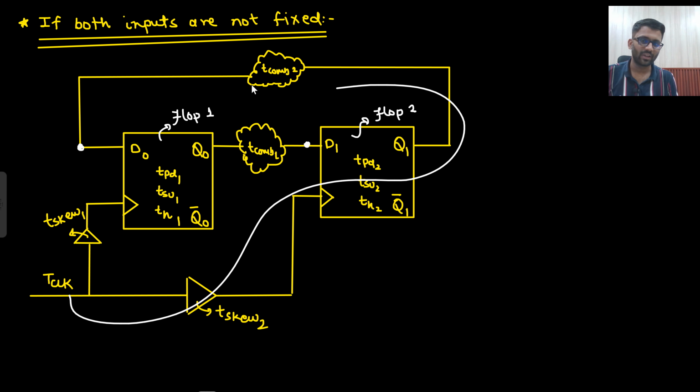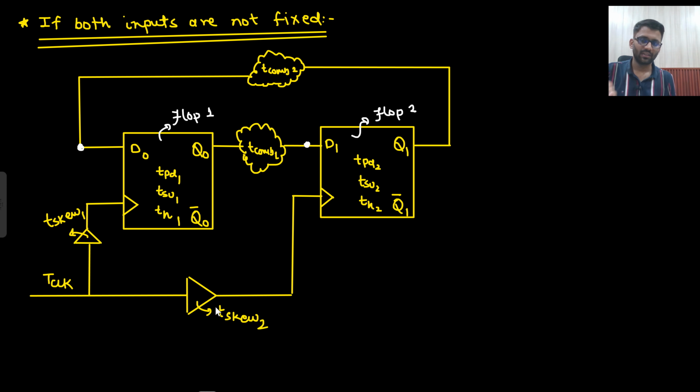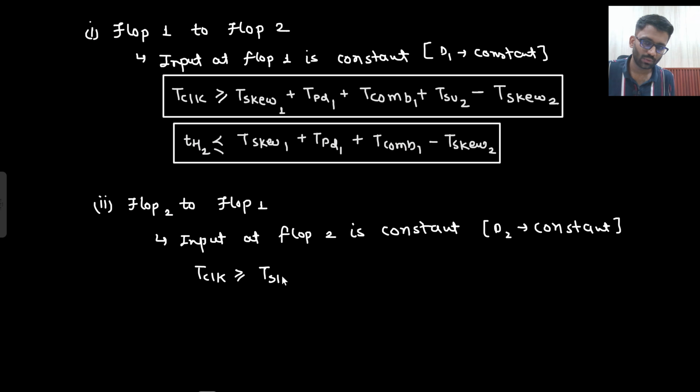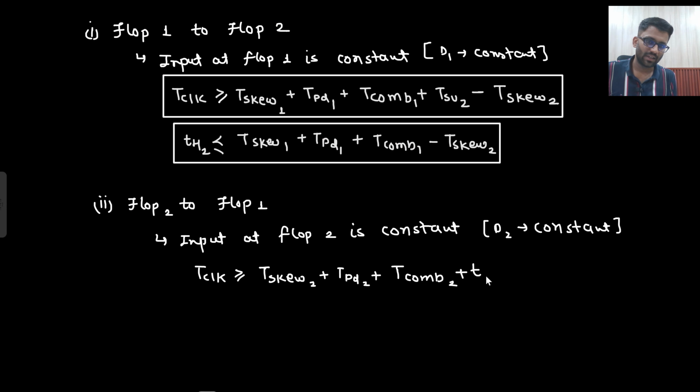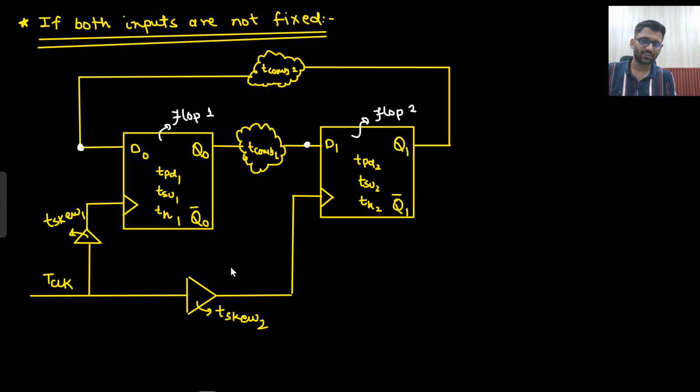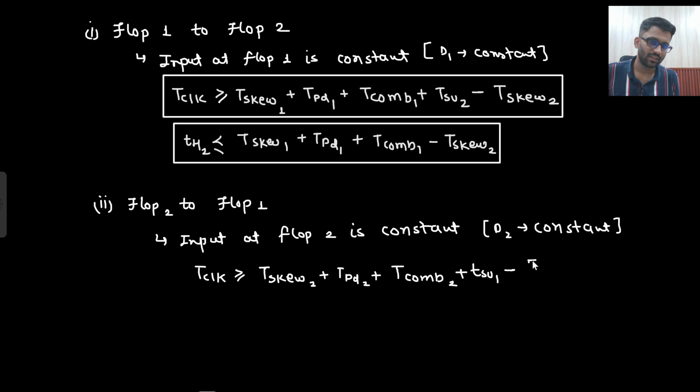So I will start from here, I will first reach here. So T skew 2 plus TPD2 plus T combination 2, right? Here I have reached now. Then I need the setup margin of this, plus T setup 1, minus the skew of this, minus T skew 1.